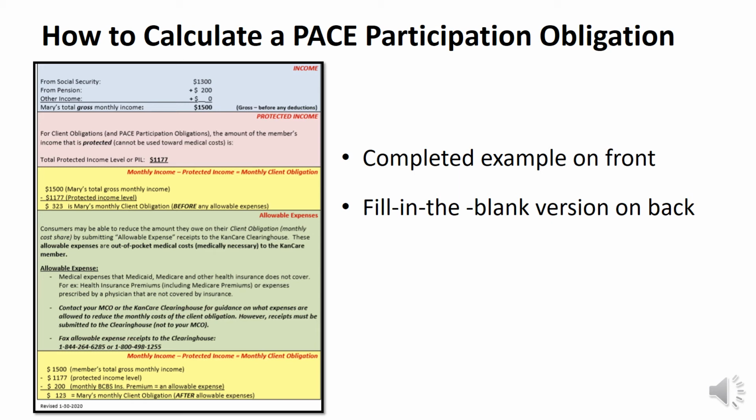So look at the very bottom. We've got her $1,500 total gross monthly income minus the protected income level of $1,177 minus an additional allowable expense cost of $200, and now Mary has her monthly cost share for PACE services, or her monthly PACE participation obligation, down to $123 a month, and that's the amount she'll pay the PACE program.